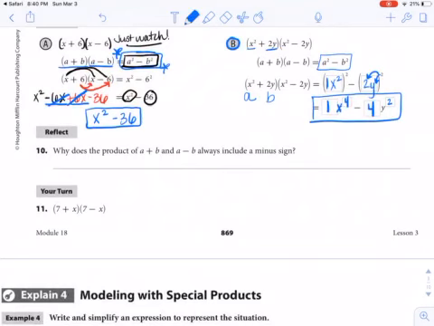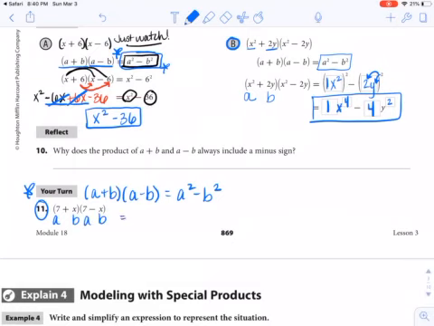So let's go ahead and go to number 11, your turn, and we're going to write that out. So we have a plus b times a minus b is going to give me a squared minus b squared. Okay, so I'm going to label this, and I have a and b.